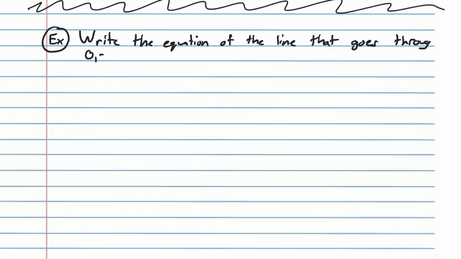They could say, write the equation of the line that goes through, and they'll give you the same information, 0, -3, and 4, 3.